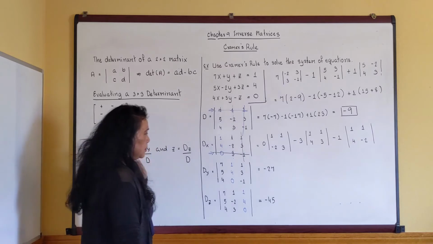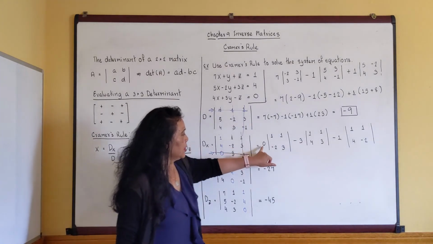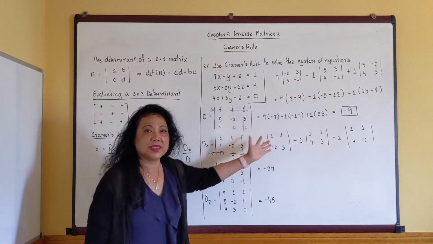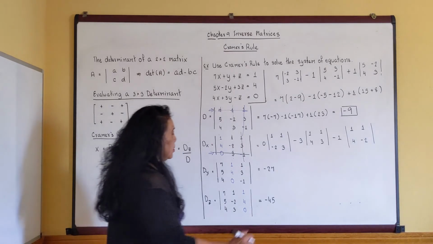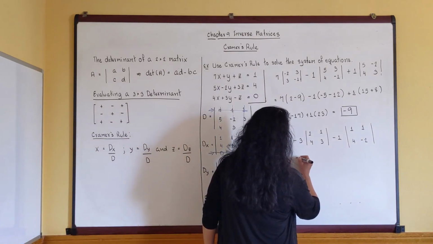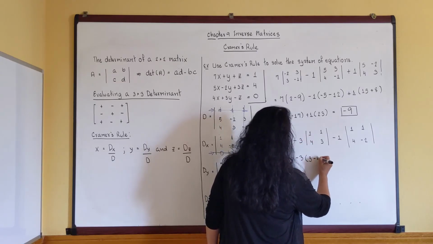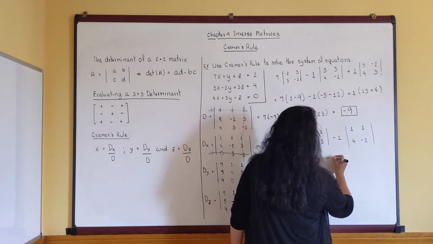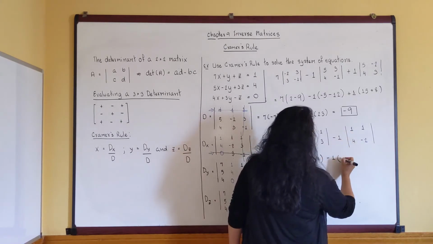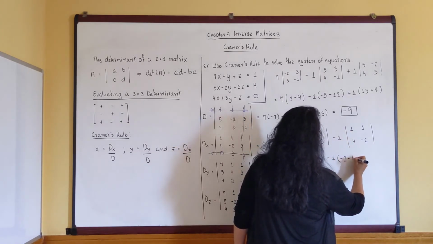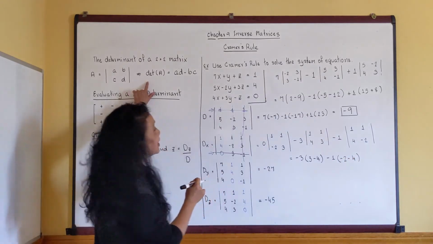Then I pick 0, as you can see. I don't care what that is, times 0, I get 0. So here I'm going to have negative 3 times 3 minus 4, minus 1 times negative 2 minus 4. I'm using this again.